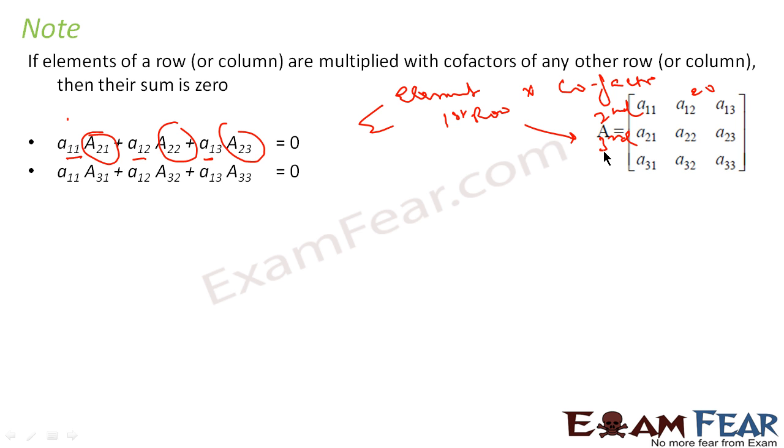In this case, we have elements of first row multiplied with cofactors of the third. You sum it, it becomes 0. Same thing applies for columns, as I told.